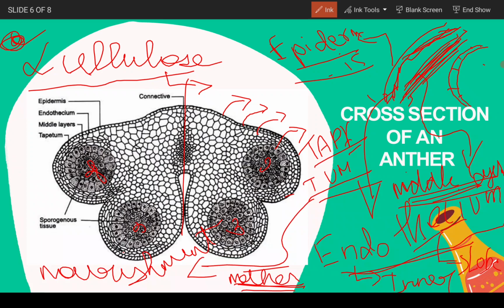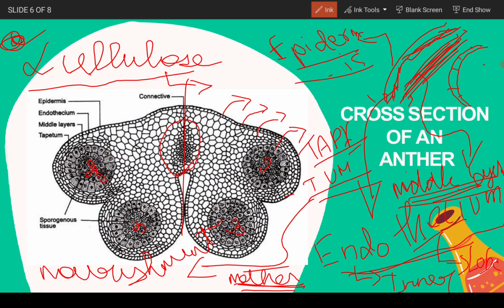Connective: I have already given a teaser about it while discussing the location of lobes. Connective is a vascular band. It acts like a gum. It holds the two lobes together, or else, if this connective was not there, the lobes would have been separated from each other. So connective is not a big thing.